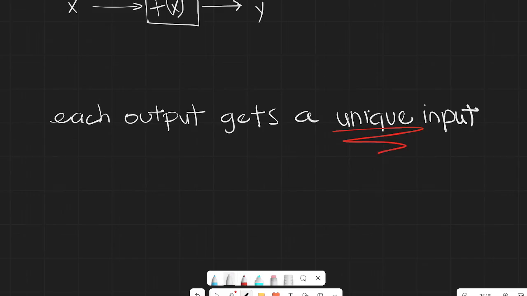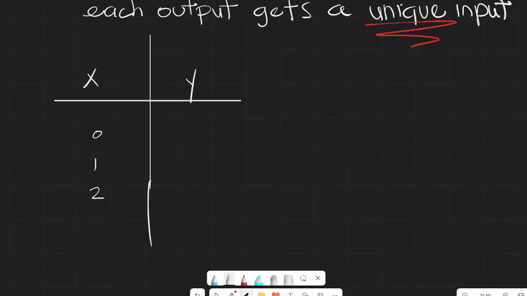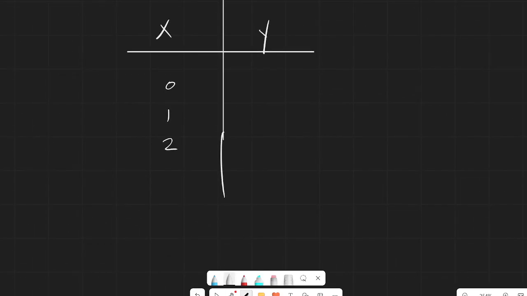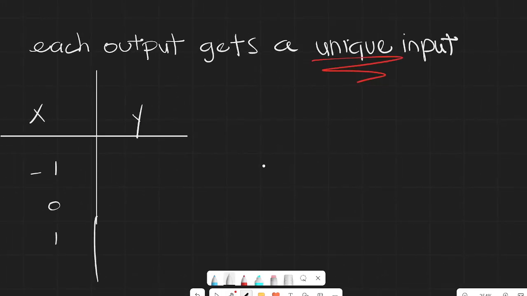Let's make a table, just 2 columns. And if we take the function, let's say x plus 1.